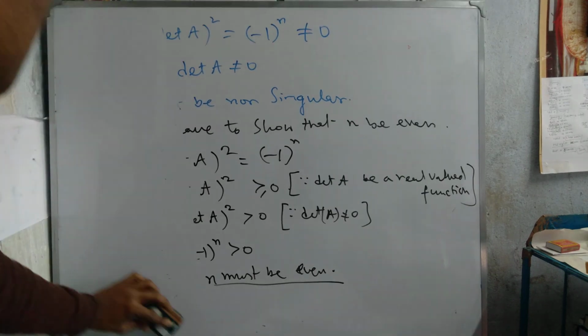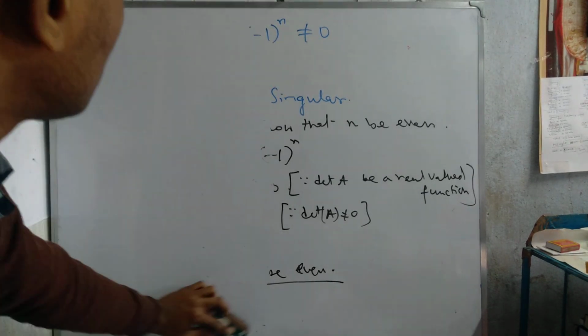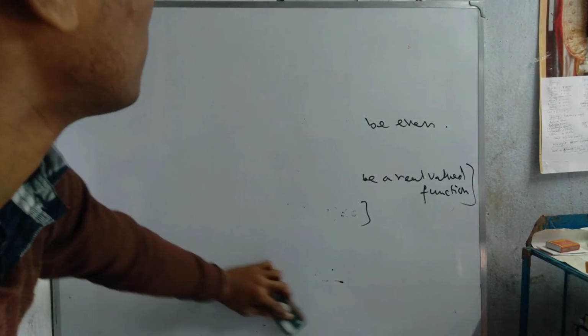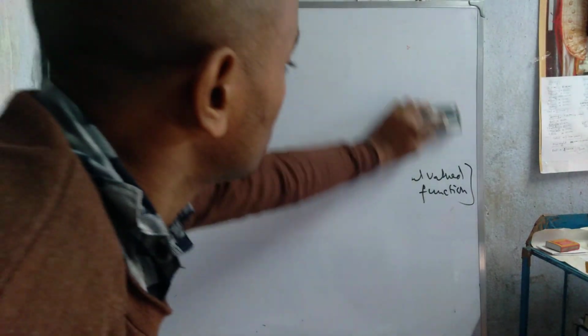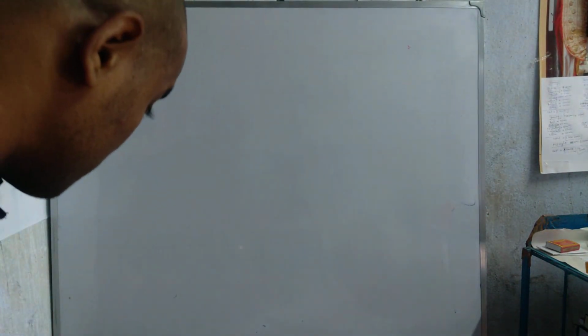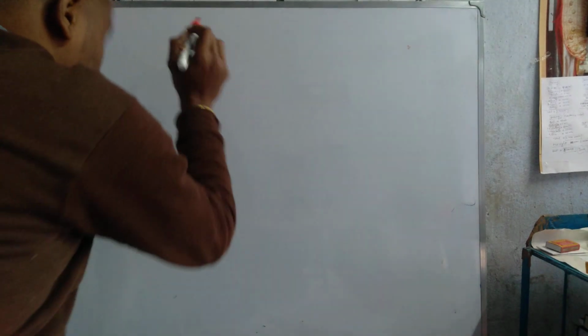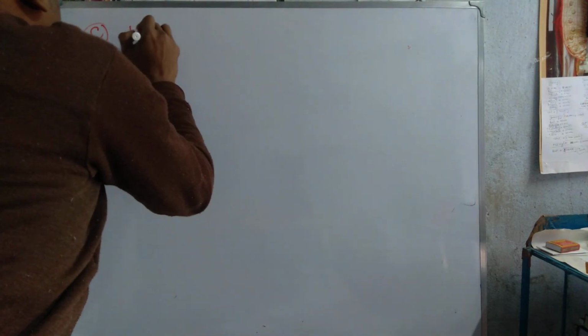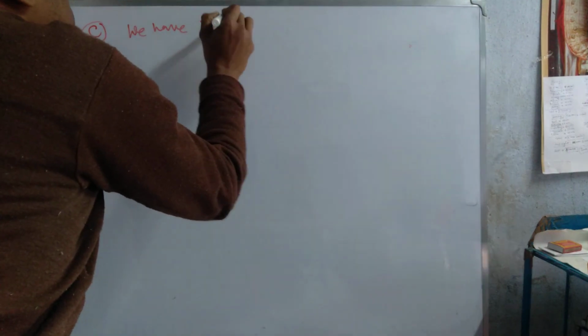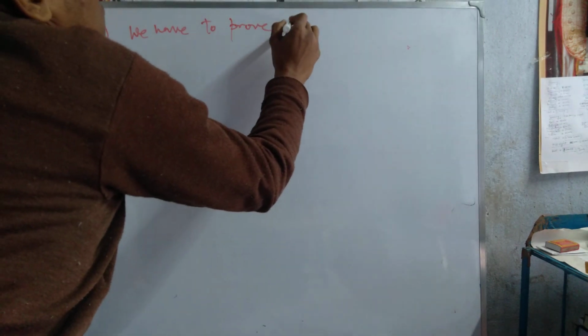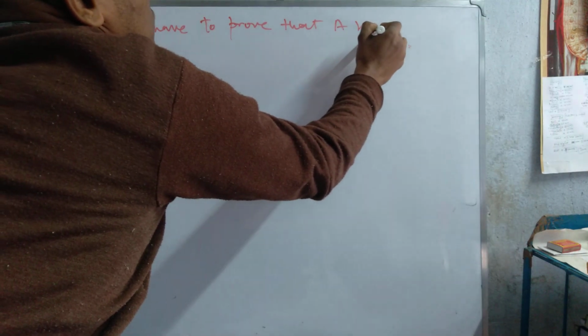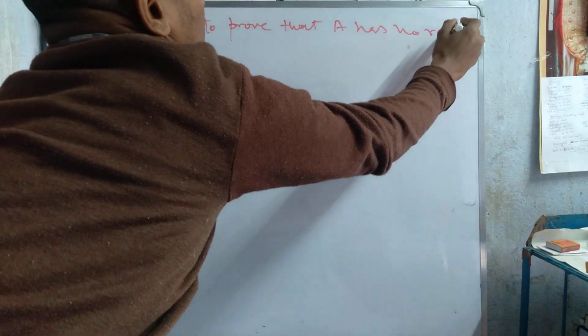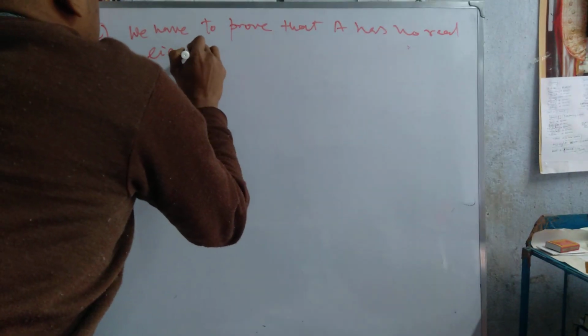This one is number 3, or we mark it as C. The question says A has no real eigenvalues. That means we have to prove that A has no real eigenvalues.